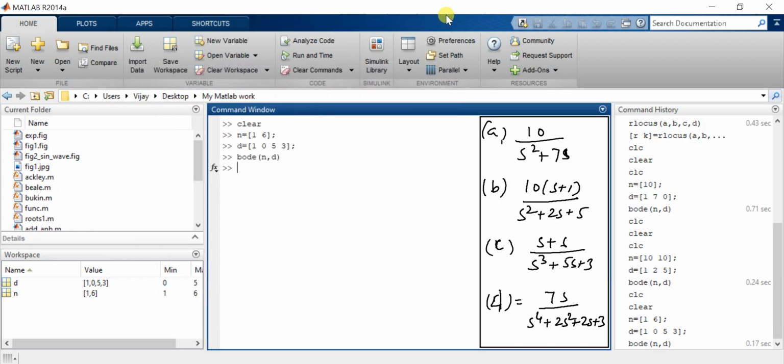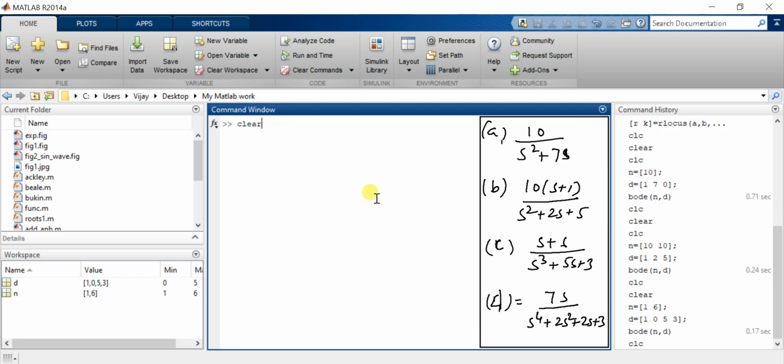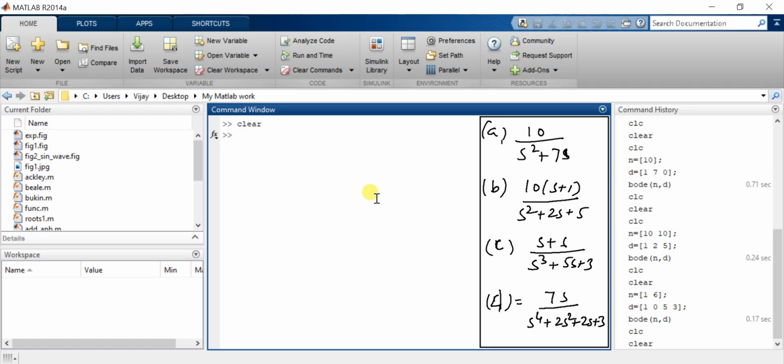Now let's try to code for the last transfer function. So first clear the screen, clear the command window as well, clear workspace.